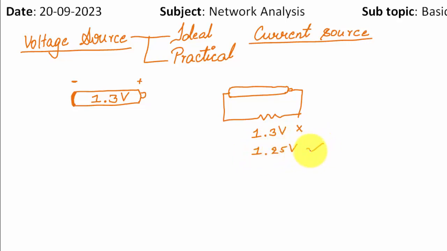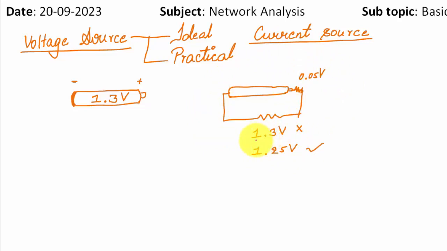Now the question arises, where is that 0.05 volts? Even if the internal voltage drop is small, we should bother. That small value is the internal resistance being offered. Because of this internal resistance, we consider this source to be a practical source.